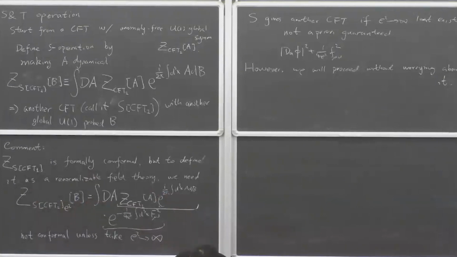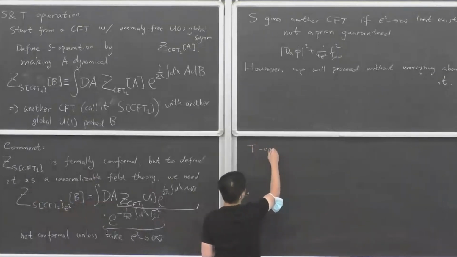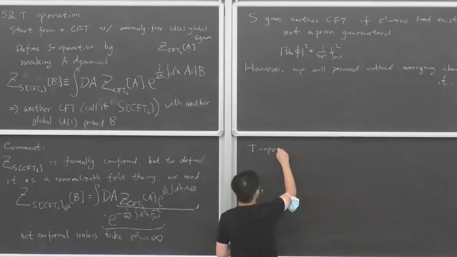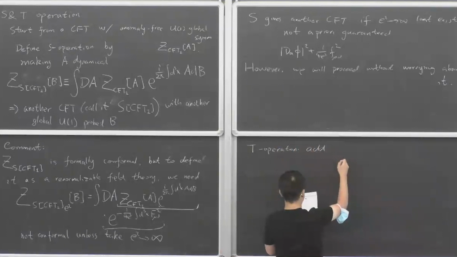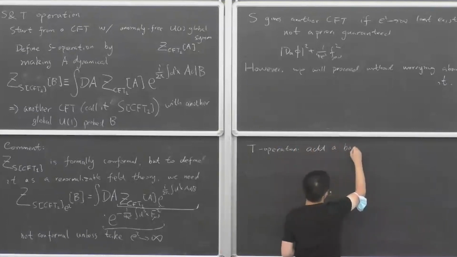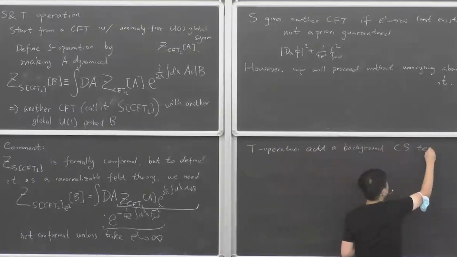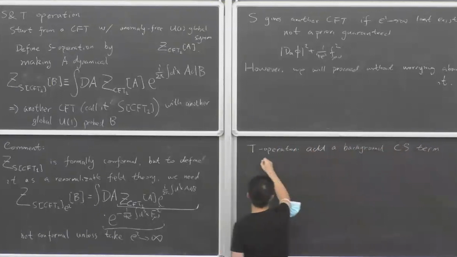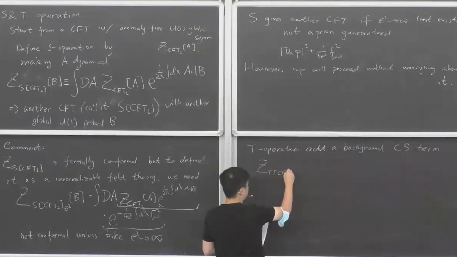All right. So that's the S operation. Then there's another operation which is the T operation, which is much less subtle compared to the S. This is pretty trivial. This is really just adding a background Chern-Simons term. So essentially, I define T of my CFT.